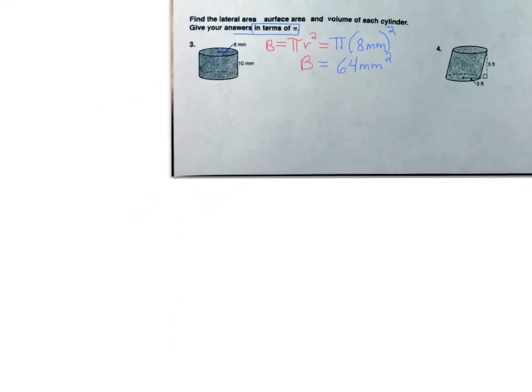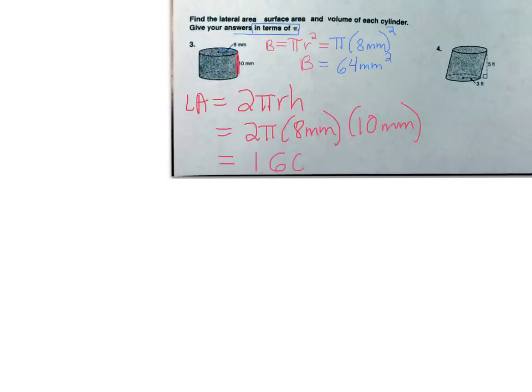Here I have the radius, which is 8 millimeters, and the height, what connects the two bases, which is 10 millimeters. You multiply that, 2 times 8 is 16 times 10, it's 160.